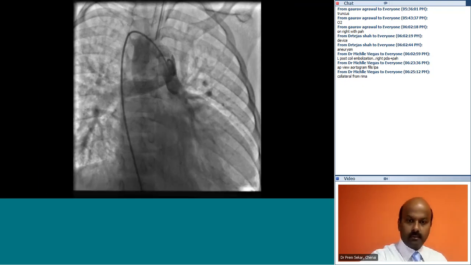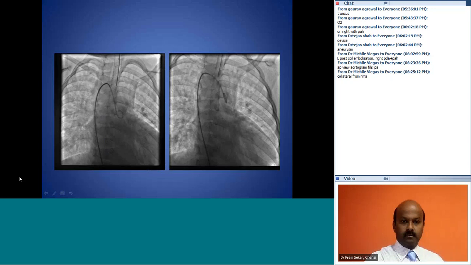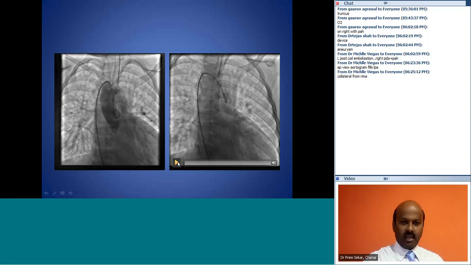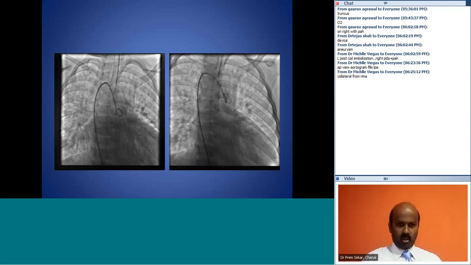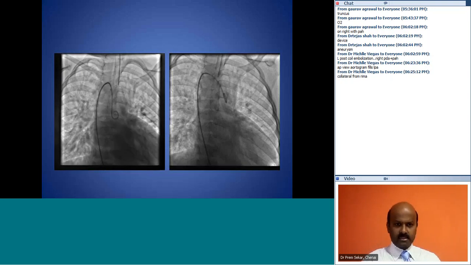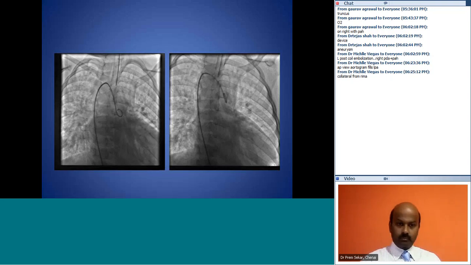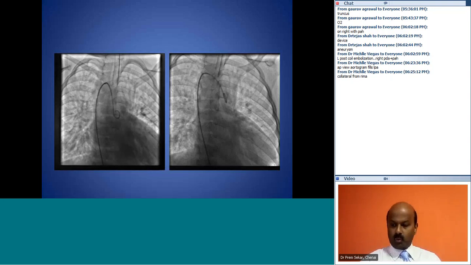Okay, so I would like you to now look at this slide and tell me what you see here. This is again a very interesting angiography. What do you see? What is the structure that is opacifying in this view?